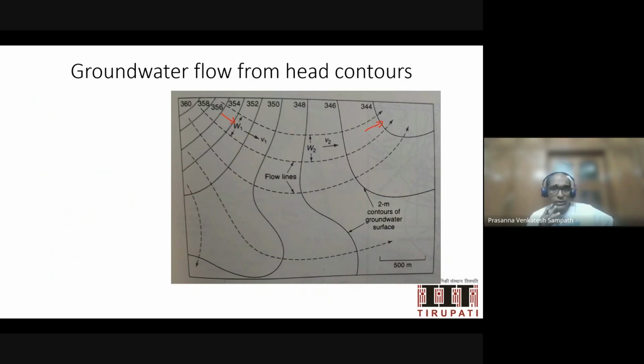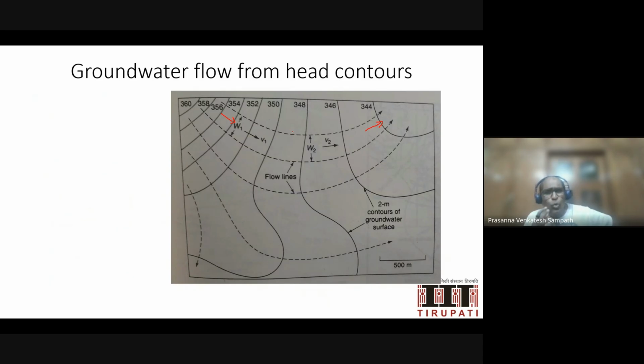In this particular case, whatever flow is coming in at that first cross section, when you go to the second cross section, the quantum of flow cannot be different, although the spacing between the contours and the flow lines is not being maintained at a uniform rate.